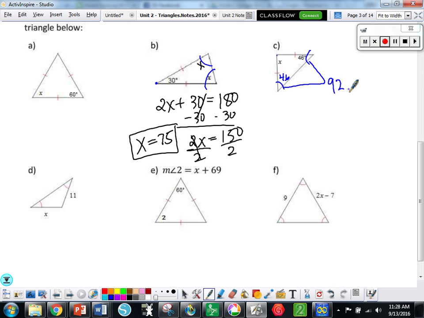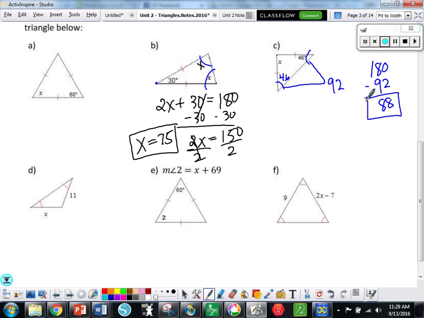So if you want to find that missing one, what do you do? Spencer? So again, you need to show some work. I would say this is a lot more minimal than this one, but you have to show something.